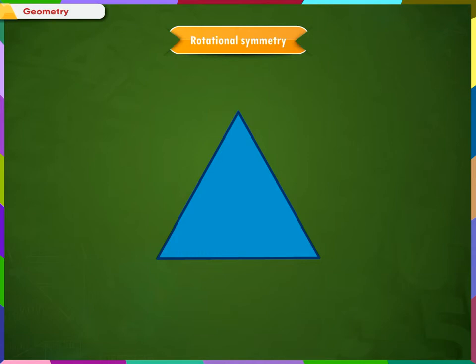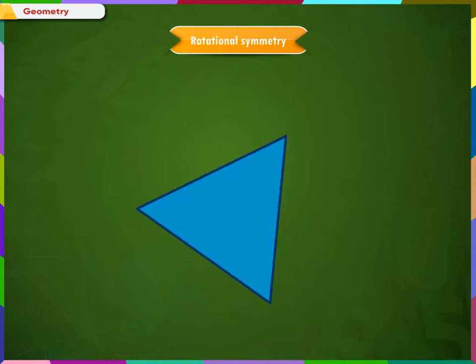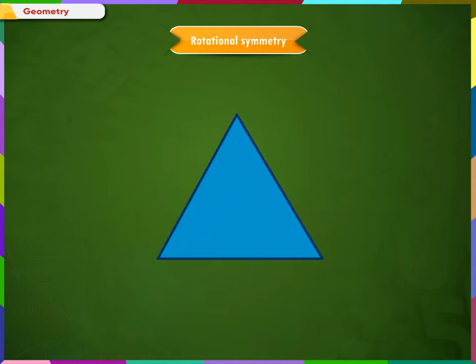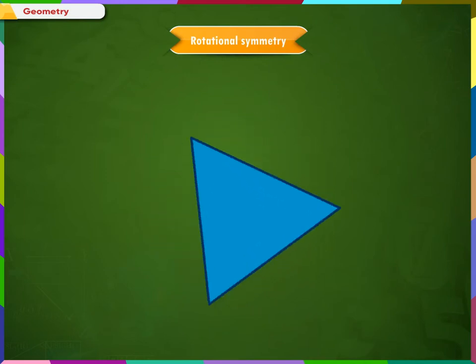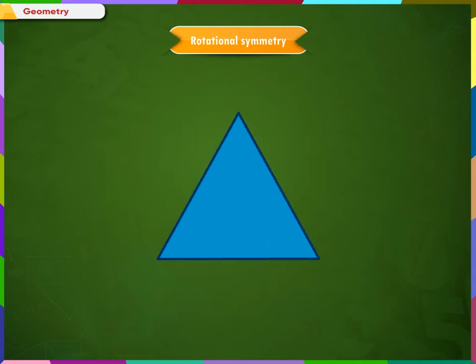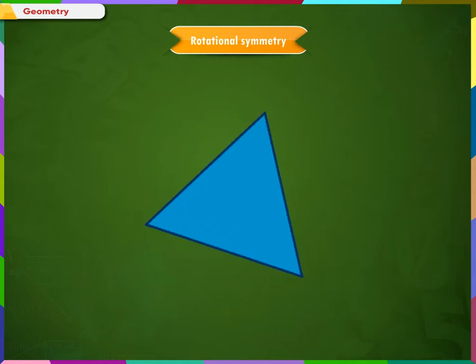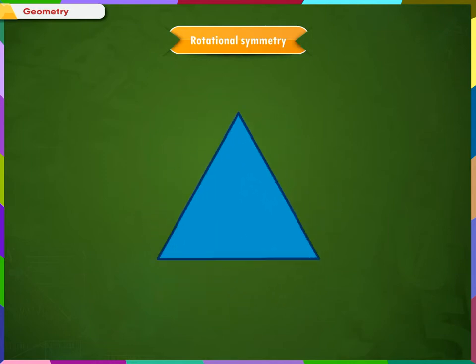This is a triangle. When we rotate a triangle by 90 degrees, we get the same shape. Similarly, when we rotate it twice and thrice, each time the shape of the triangle remains the same. The triangle gets back to its original position in 3 rotations.